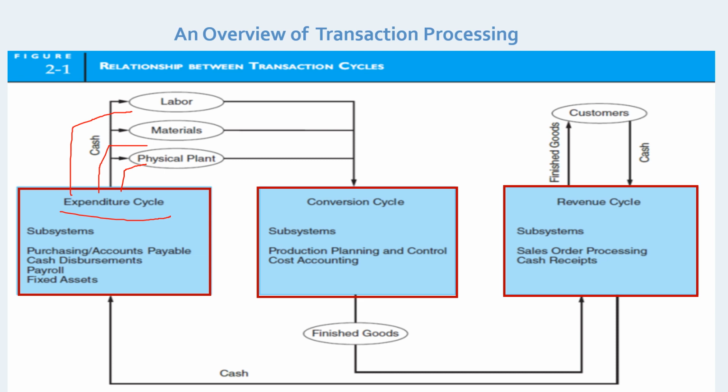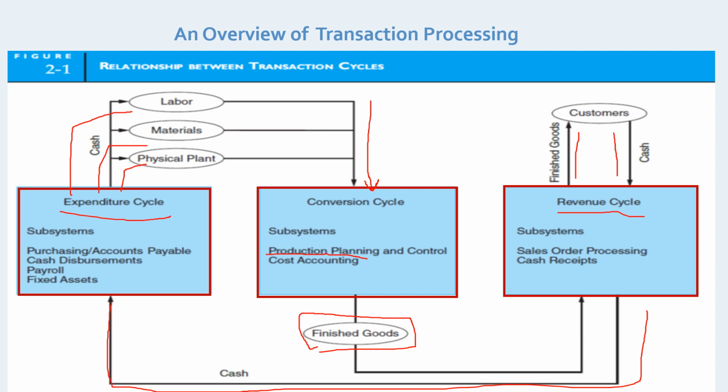All of this contributes to the conversion cycle, which produces the new product, the finished goods, or the services. This then relates to the revenue cycle, which tries to sell the finished goods or services to the customer and get the cash. So this cash again becomes an input for the expenditure cycle.